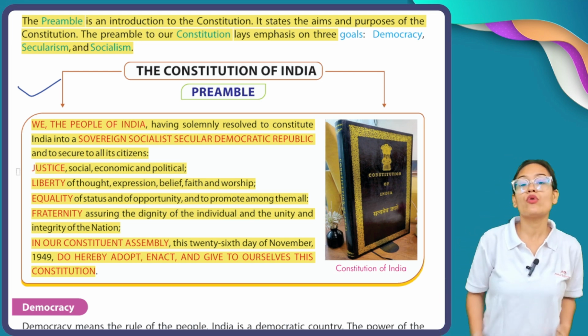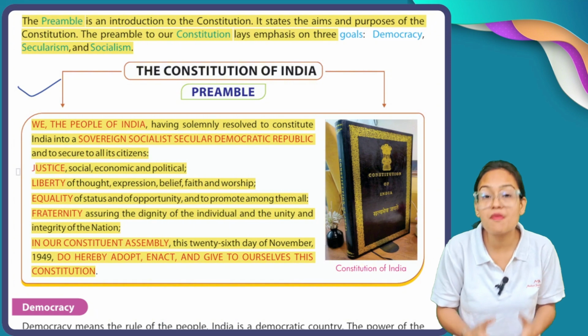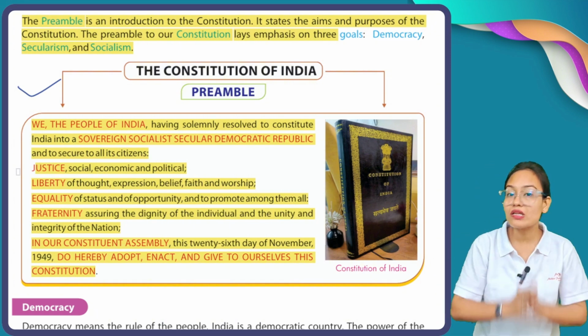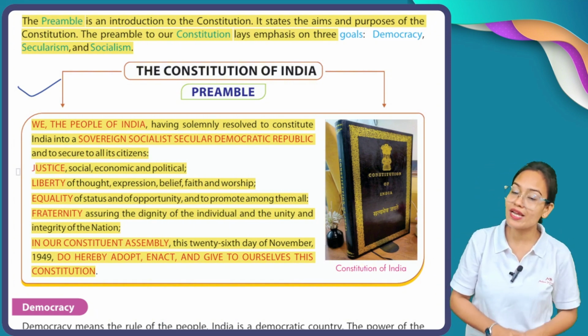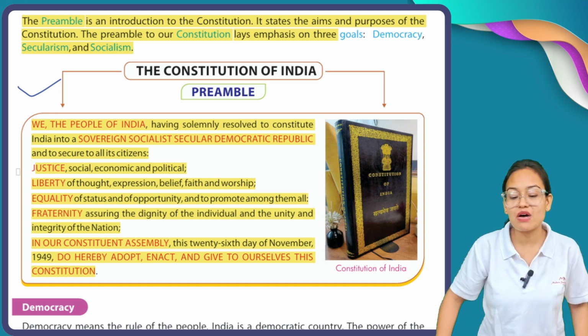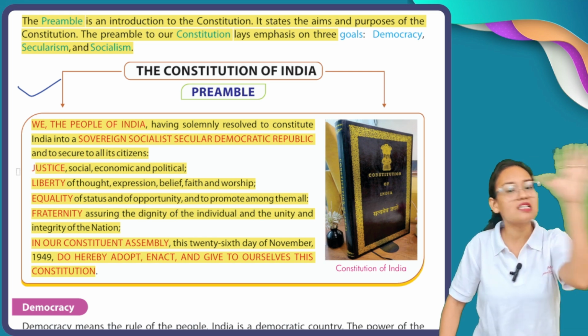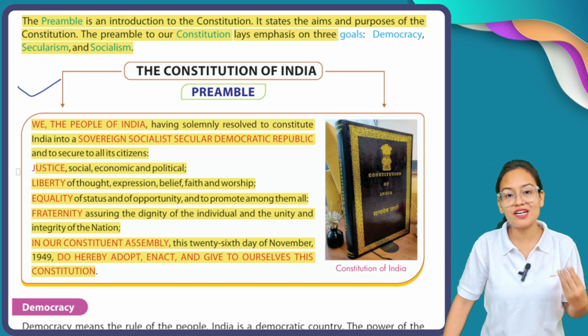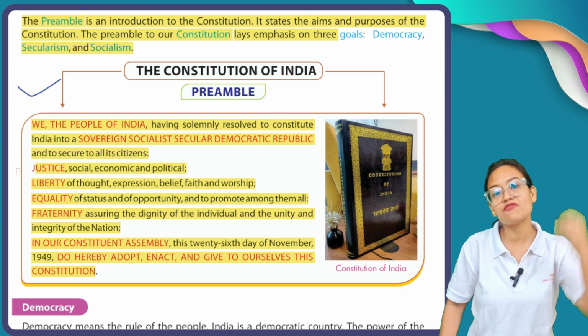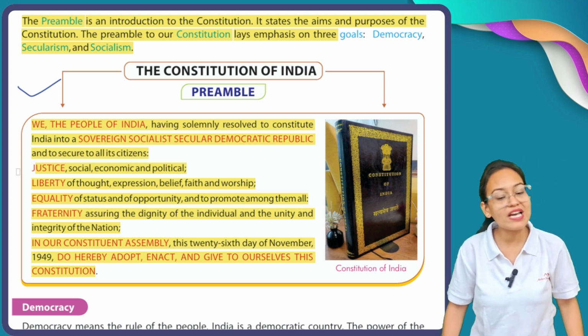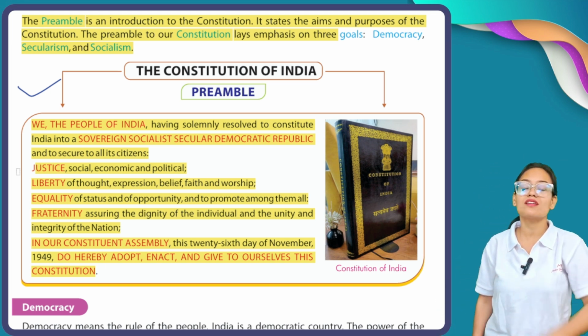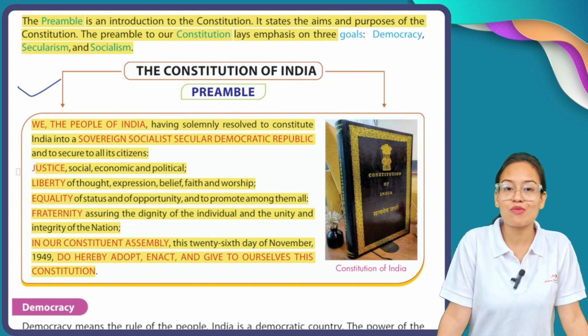We are not only going to adopt, but we are going to perform all the duties and all the rights, everything which is mentioned in our constitution. In a whole or in a summary, we, the people of India, are going to give ourselves to our country. So this is the introductory page of the Constitution of India, named as the preamble.